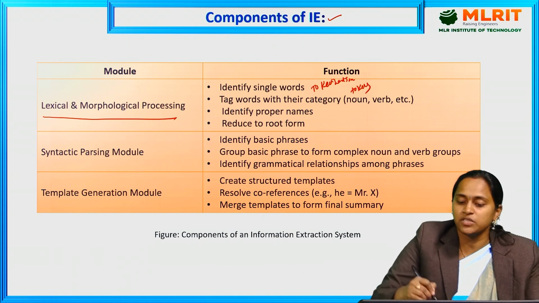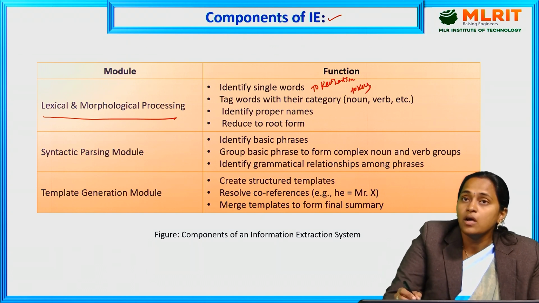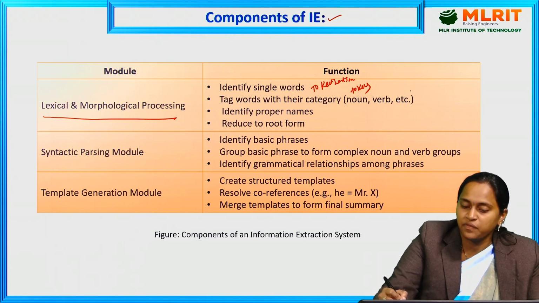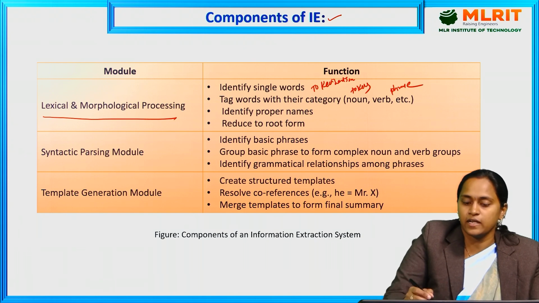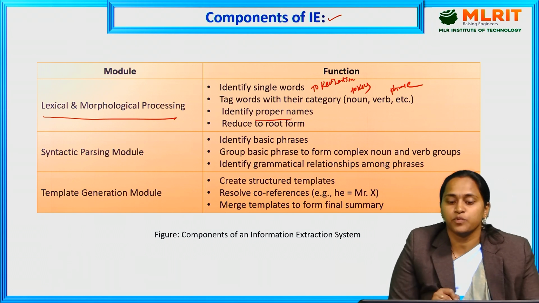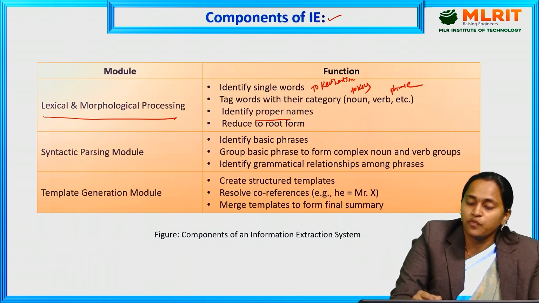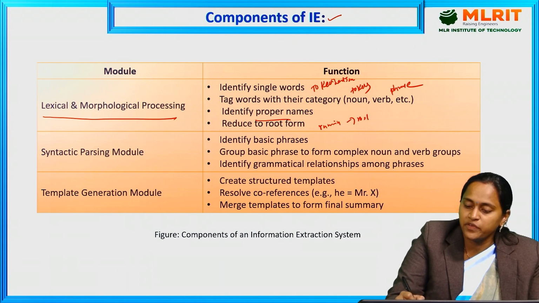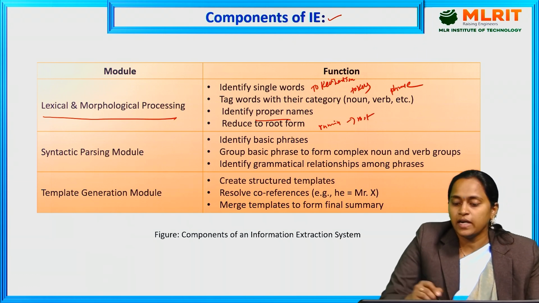After tokenization, find out the category of that particular word: it is a noun or verb or so on. That means phrase. We have to find out the phrase by using lexical analysis. Identify the proper names, like adverb, noun or pronoun. Reduce to root form, that means, suppose running to run. It means here we are performing stemming and lemmatization.